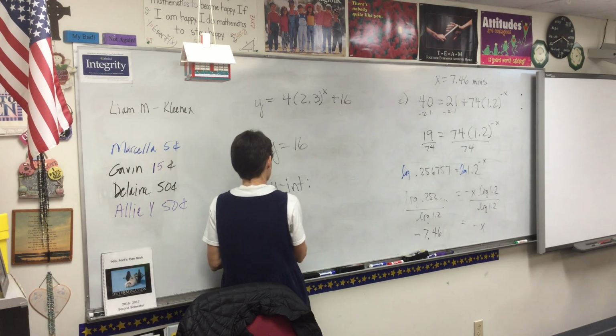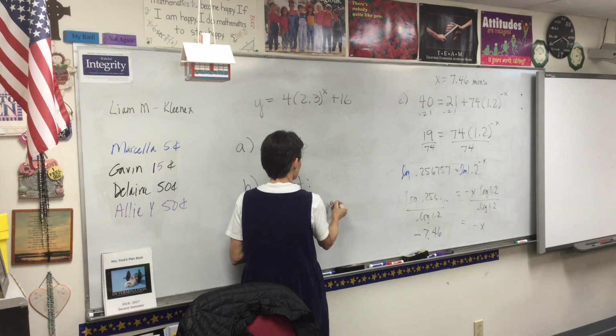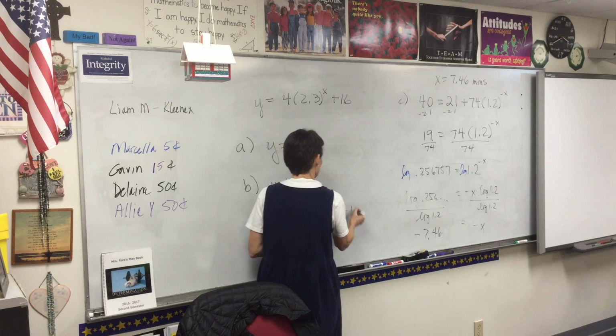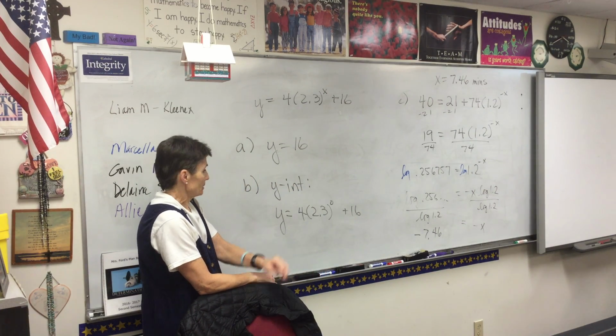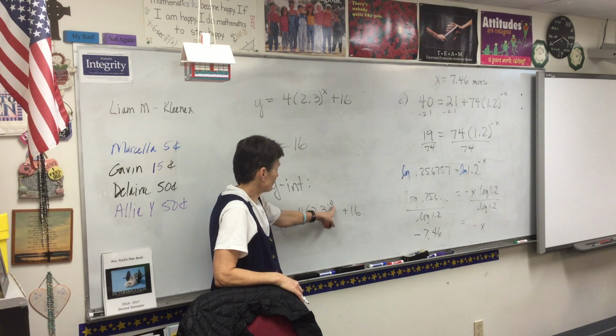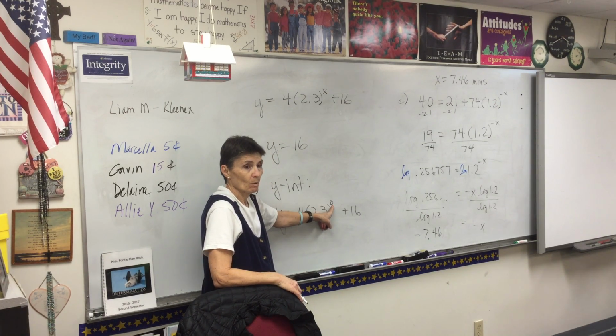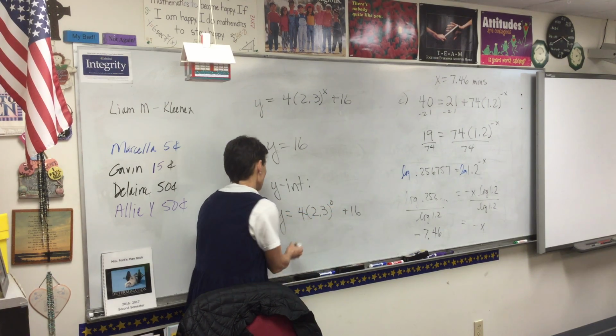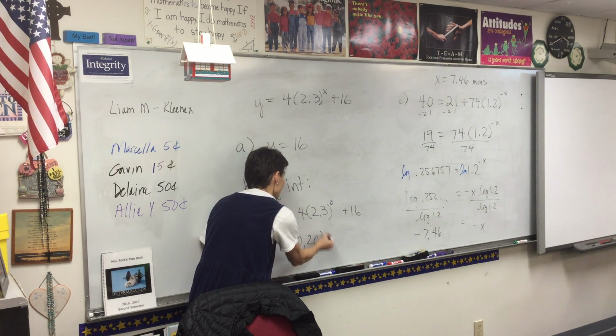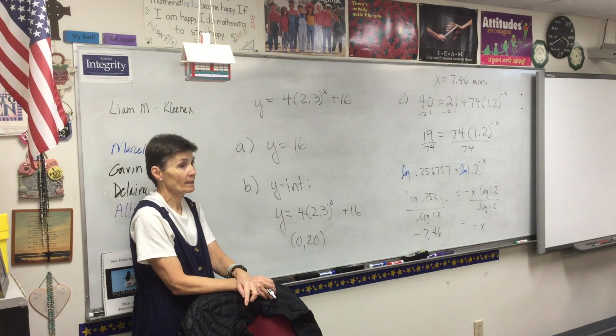So I'm going to plug in 0 for x. So 4 times 2.3 to the 0th plus 16. What is 2.3 to the 0th? 1 times 4 plus 16? 20. The y-intercept is 0, 20.